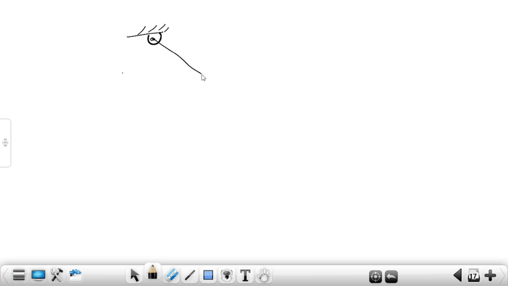So this is the hinge and this is the gate.